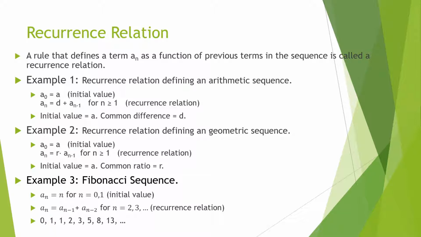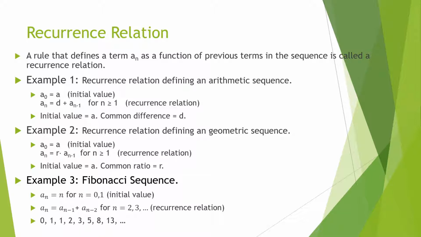And then in order to calculate the fourth term, you need to add the second and third term. 1 plus 1 is equal to 2. In order to calculate this term, you need to add 2 and 1. 2 plus 1 is 3. In order to calculate 5, you need to add 3 and 2. 3 plus 2 is 5. Same for 8, same for 13. Why is this term 13? Because 8 plus 5 is equal to 13.